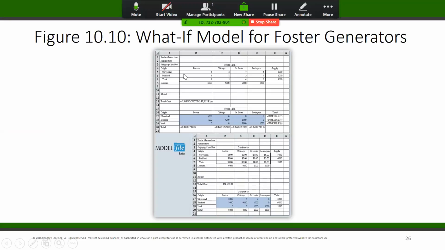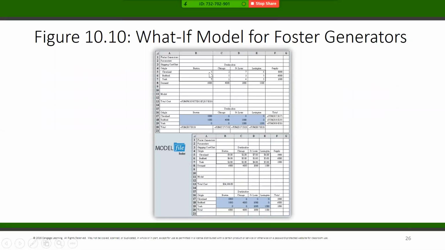So basically it's going to cost to ship from Cleveland to Boston $3 per unit, the unit cost per shipping, okay? So it's that much per generator, I guess you could say. And then the plant capacities are given in cells F5 through F7. That's going to be our plant capacities, okay? And the distribution center demands appear in cells B8 through E8. So that's going to be our demand.